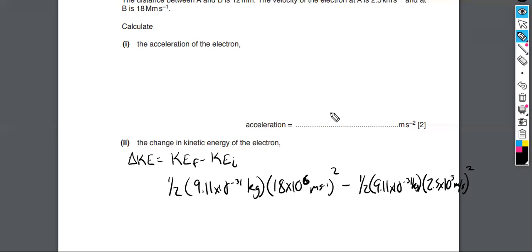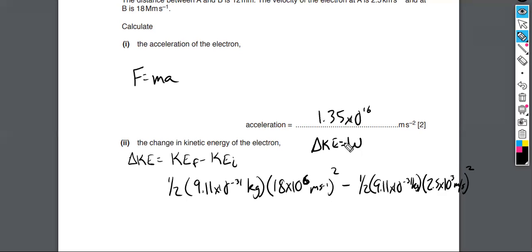The other way is knowing that the acceleration was 1.35 by 10 to the 16, we might be able to calculate the force on the electron, right? F equals ma. And then once we know the force, the change in kinetic energy is equal to the work done, the work-kinetic energy theorem.